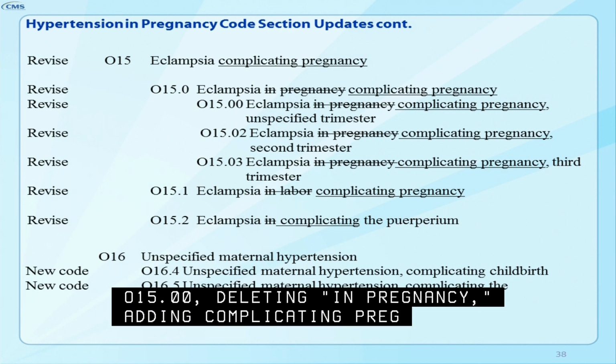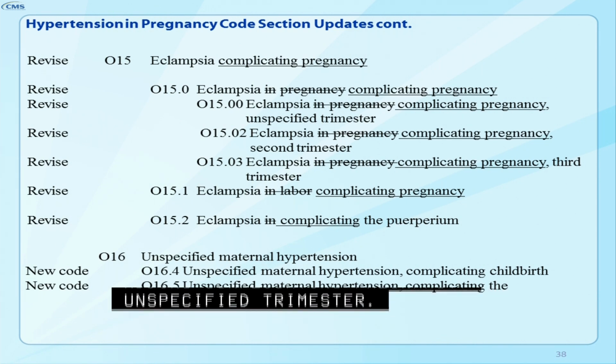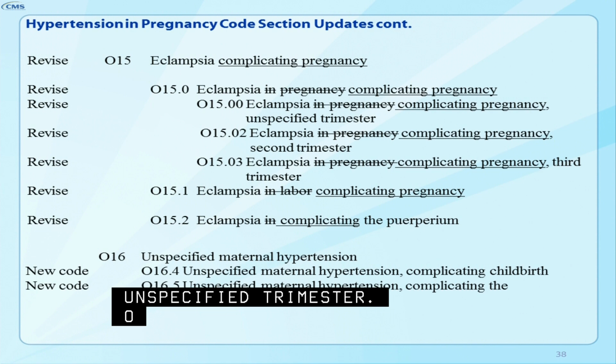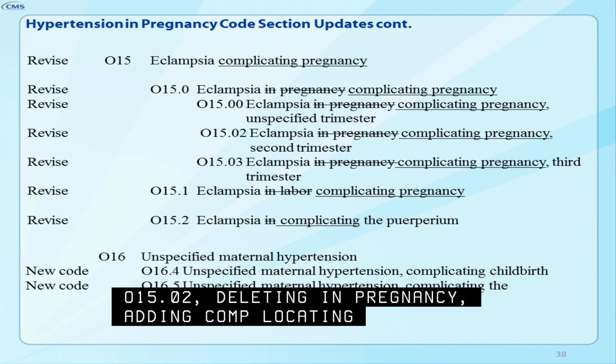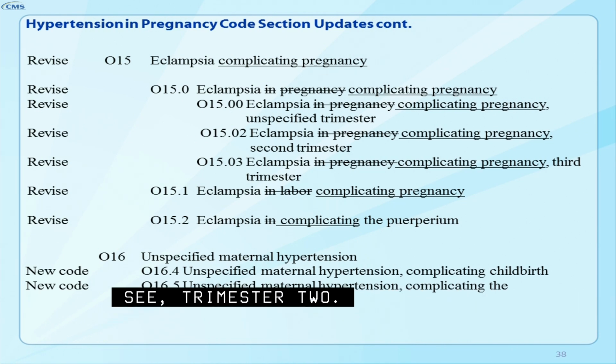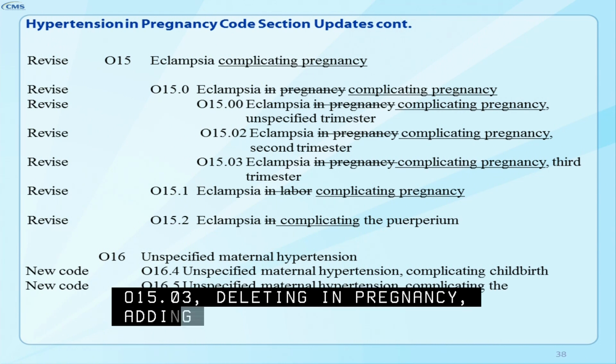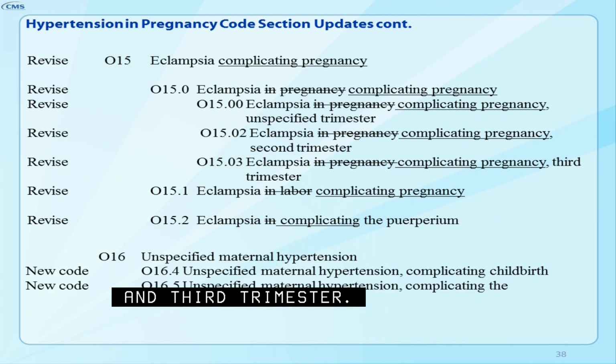O15.02, complicating pregnancy, second trimester. O15.03, eclampsia, deleting in pregnancy and adding complicating pregnancy, third trimester. And O15.1, eclampsia, deleting in labor and adding complicating pregnancy, and at O15.2, eclampsia, deleting the in and adding complicating in the puerperium.